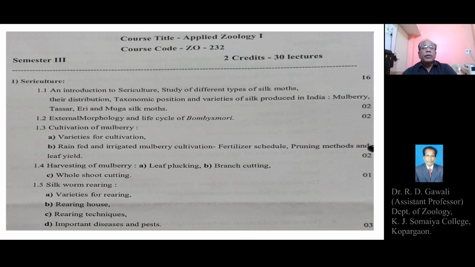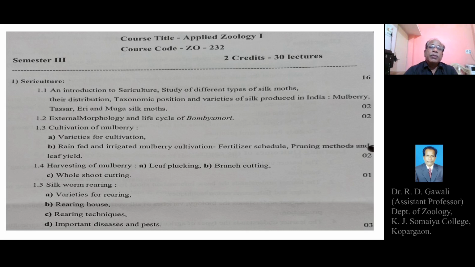So external morphology or morphological characters, then life cycle of the Bombyx mori. Bombyx mori is the mulberry silk moth. It is commonly called as mulberry silk moth because of its feeding on the mulberry leaves.